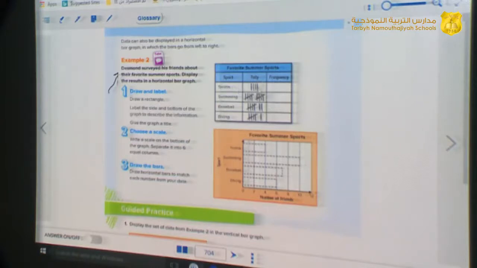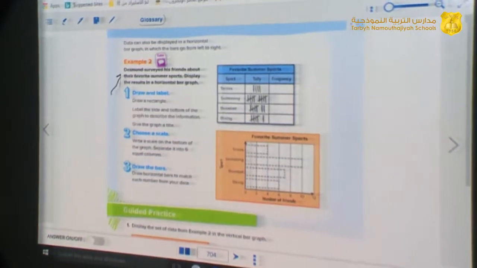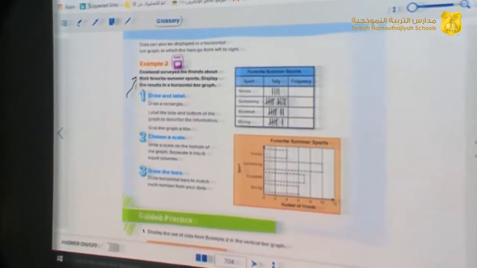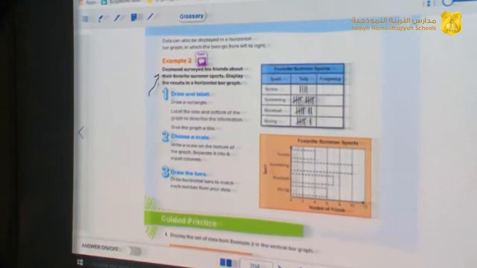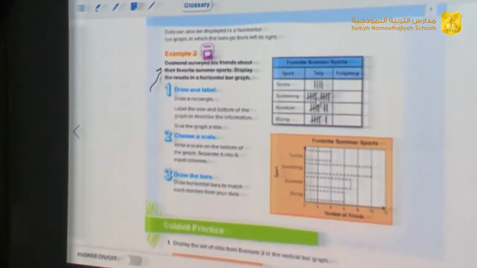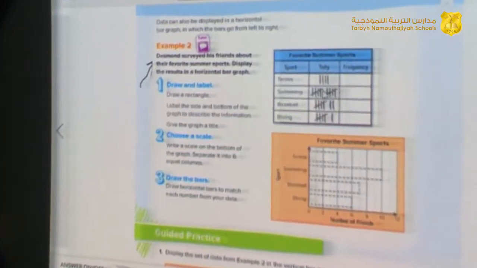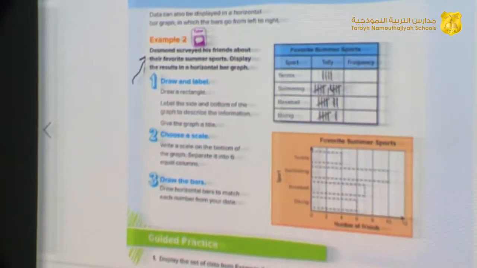So we draw a horizontal bar starting from 0 and ending at 4. Swimming now has 2 groups. What do these groups mean? Each group means 5 lines, because we know before in grade 2 how to make this.